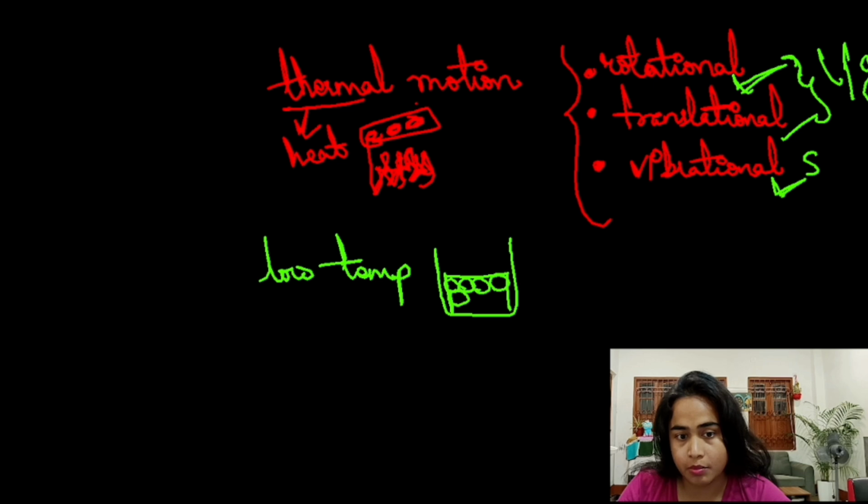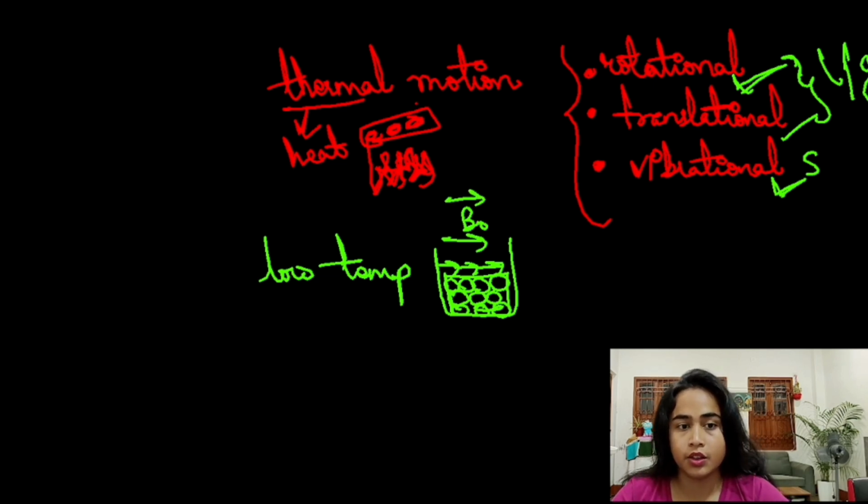It's not like they are completely stopped, but they are not showing random motion, and they are kind of settled down. Here we can see individual permanent magnetic dipole moments aligning in the direction of your externally applied magnetic field. So this is the reason why I said it's a weak phenomenon.